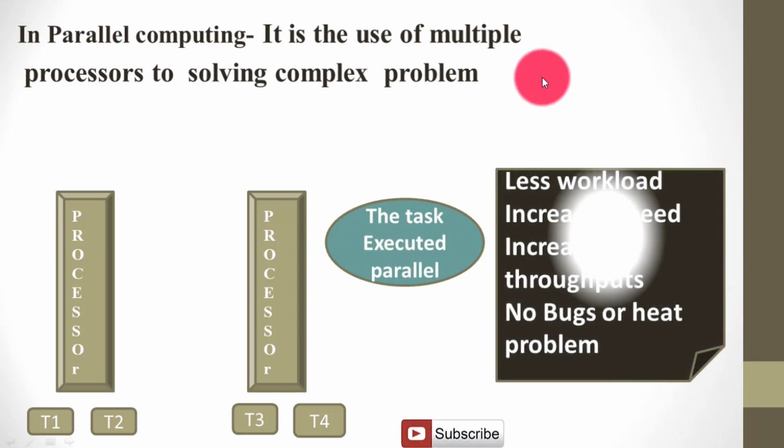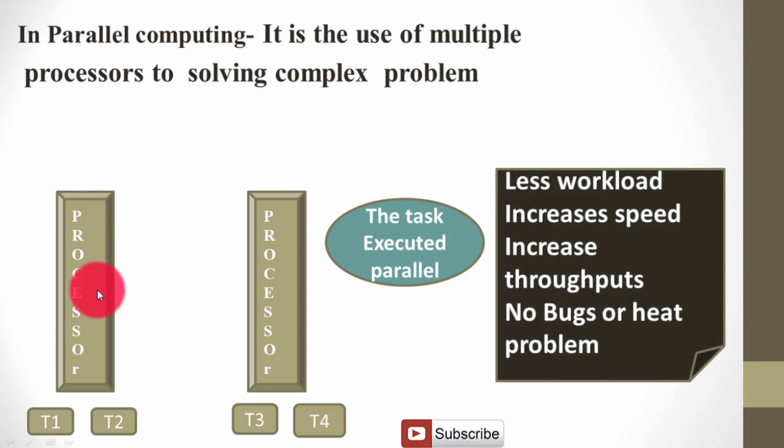In this diagram, the first processor executes tasks T1 and T2 simultaneously. The second processor executes tasks T3 and T4. So these two processors work simultaneously. That's why the tasks execute in parallel, and that's why it is called parallel computing.